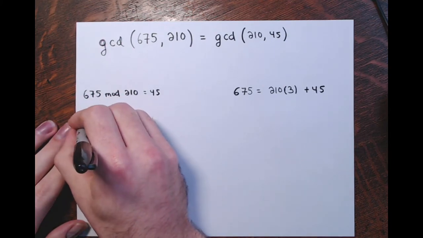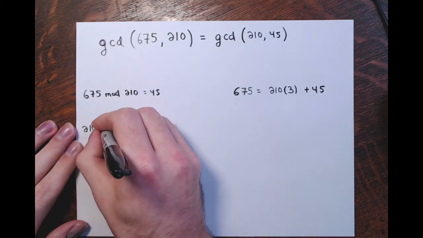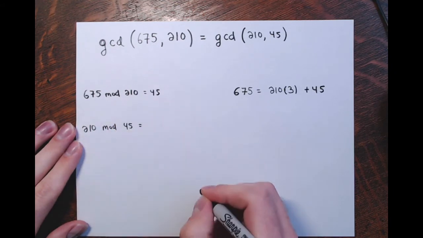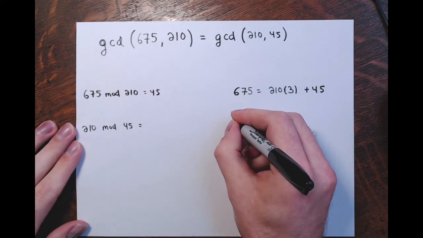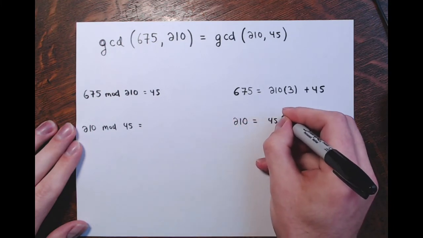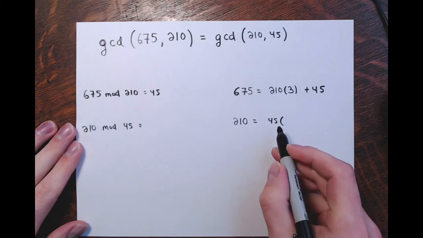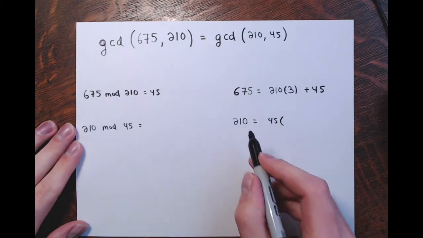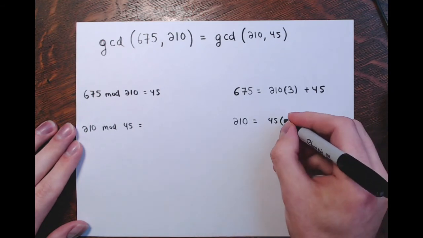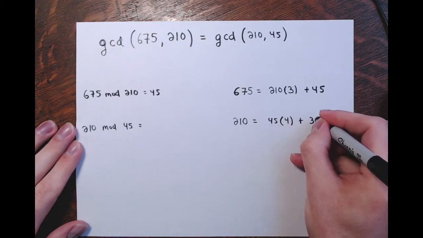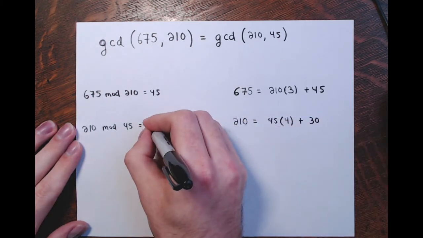So what is 210 mod 45? Off to the right here, I'll say 210 equals 45 times 4, which would be 180. Then I would have to add 30. So 45 times 4 is 180, and then I add 30. There's my remainder, 30.